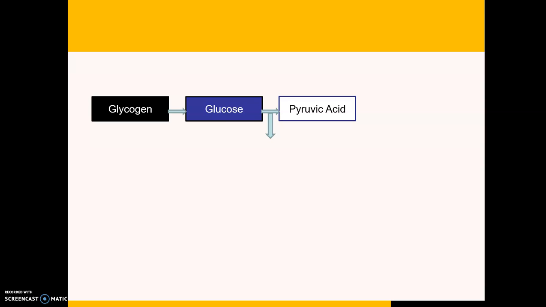When the starting point is glycogen, this process is called glycogenolysis, where lysis means separate. Oxygen is not required for these chemical reactions to proceed, so glycolysis is one of the anaerobic energy systems.